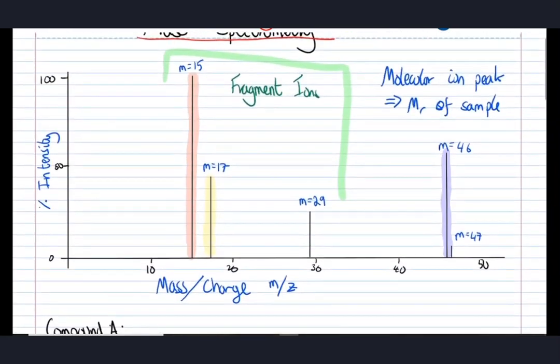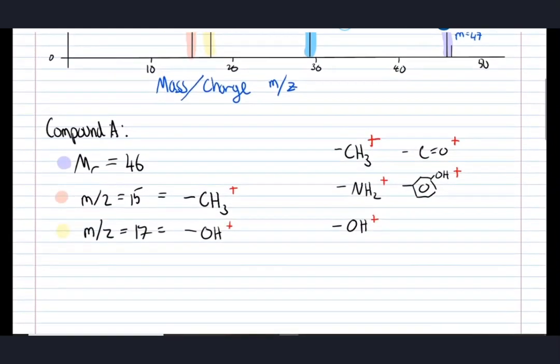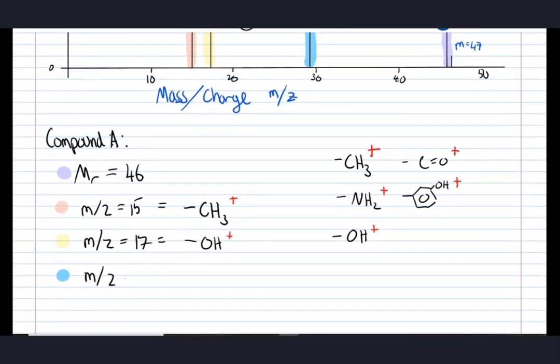And so we'll have a look at our final fragment ion here, which I'm going to highlight in blue. And this one has a mass to charge ratio or m/z of 29. Now 29, that's quite big, so we might have more than 2 carbons in it.